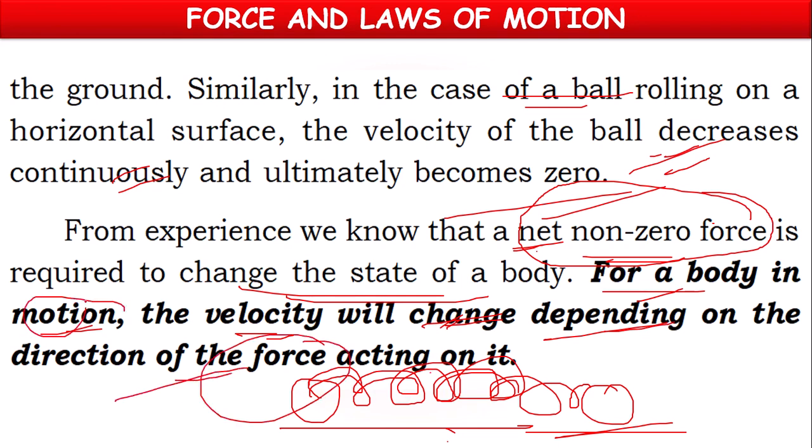So motion and force are interrelated to each other, because motion depends on characteristics like displacement, velocity, acceleration, and so many things, which are controlled by the force acting on the body. That's why force and motion are interlinked to each other.